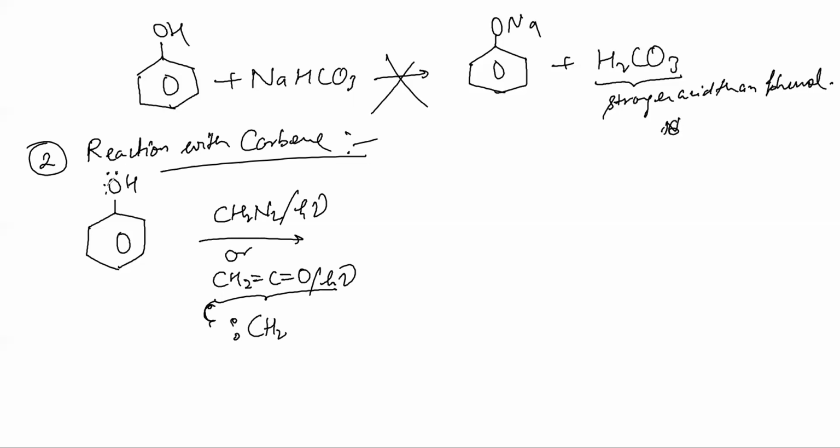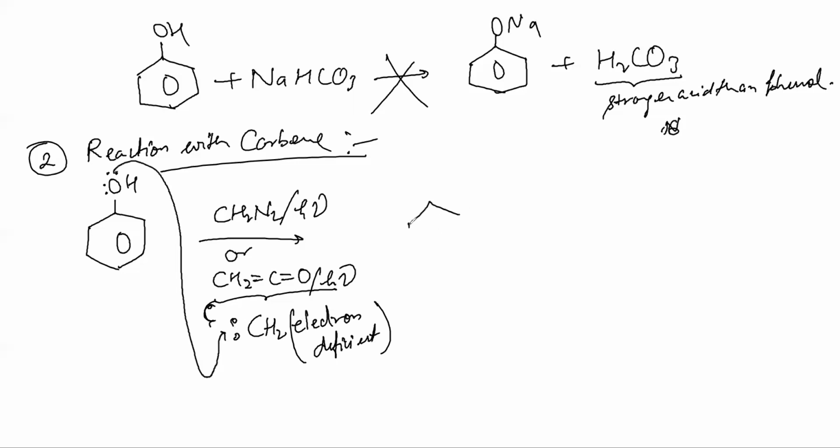Carbene is electron deficient, by the way. Where will carbene go? Electron rich. And I hope you can see the lone pair of oxygen here. So the lone pair of oxygen reacts here, and we get something like this: CH2 minus and O will get plus.